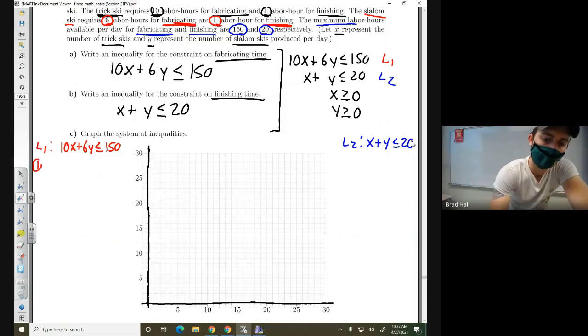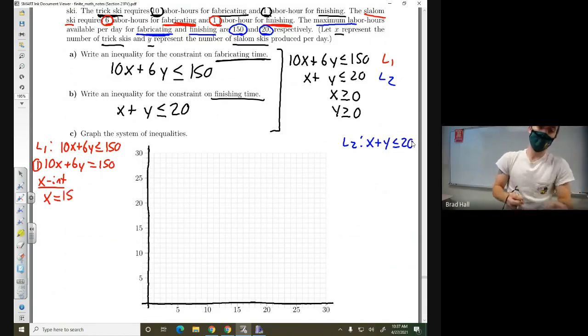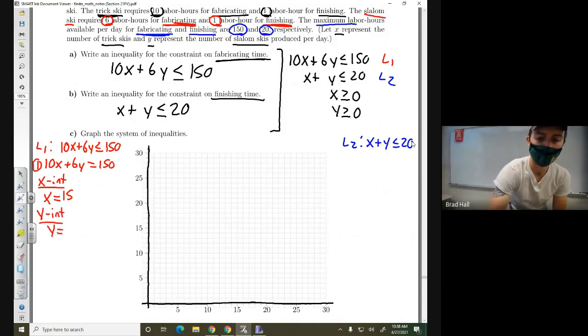So for the first one, we need to graph the underlying equality, which means we need to find the X and the Y intercepts. So we set Y equal to 0. We end up getting that X is, I believe, 15. And the y-intercept, we get that Y is equal to 25.